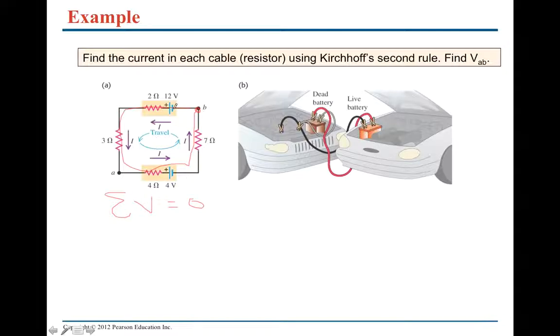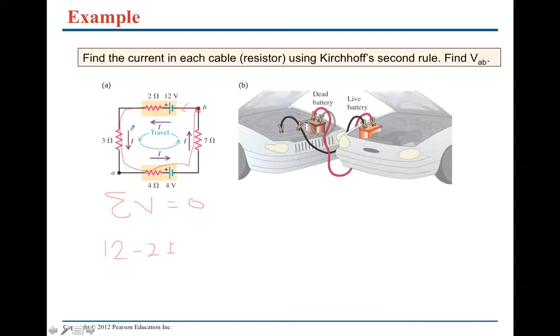Let's start here. Now remember, I'm moving this way. That's my direction of motion. If I go from negative to positive, that's an increase, a positive 12. And then I'm going the same direction as the current, and I'm encountering a small resistance. So that will be 2I. That's a voltage drop. Okay?